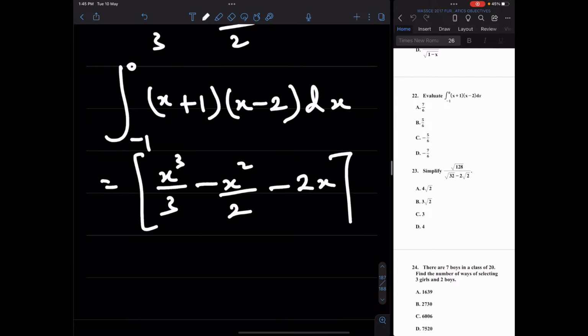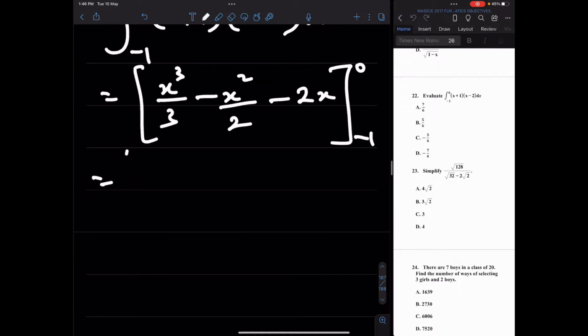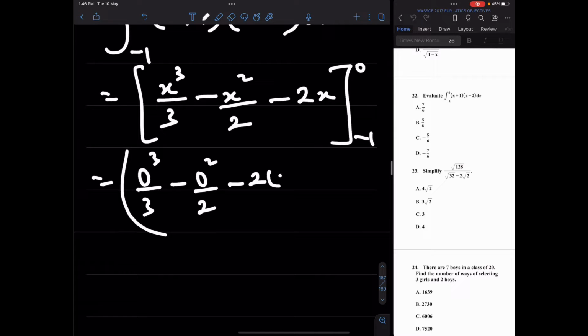You don't need to put the constant here, and you put the limit here, 0 and minus 1. So that simply means 0 cubed over 3 minus 0 squared over 2 minus 2 times 0. Let me put this kind of bracket.